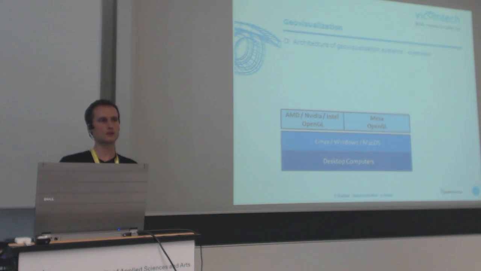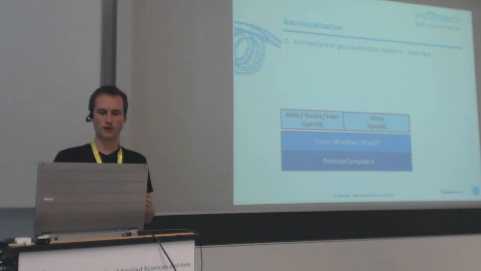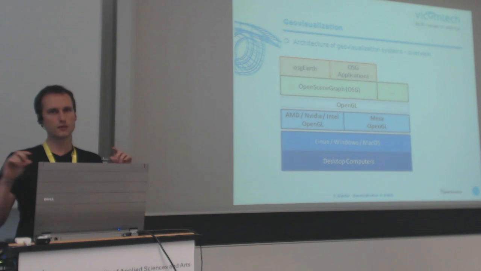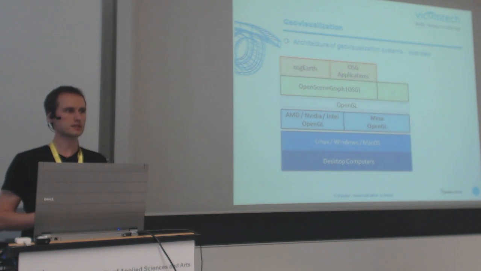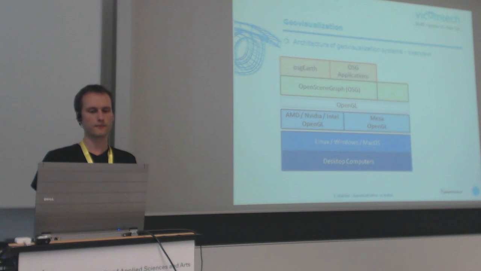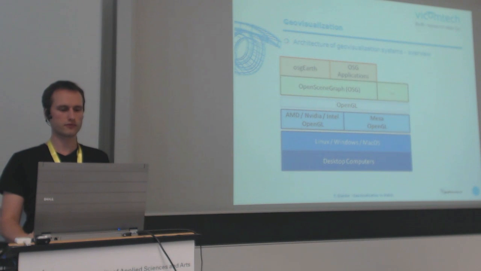Okay, so these are a few examples, and now what's the status of visualizing this? How do visualization systems look today? We have the desktop world with the machines and the operating systems, and on top of this the drivers, of course. Then you have a middleware and abstraction layer. We've heard something about abstraction layers this morning also, and on top of this you have real applications that were written for a certain purpose.